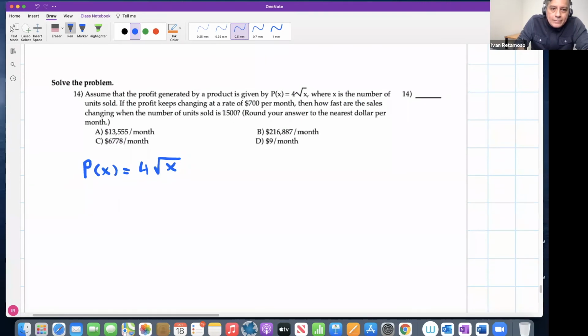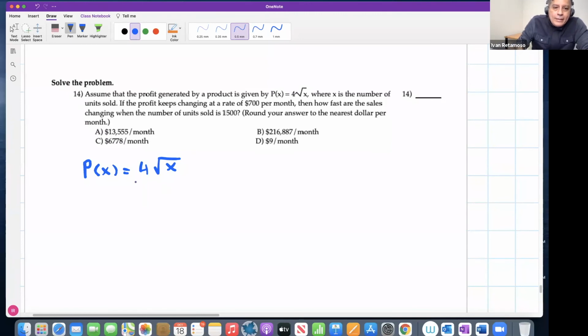The more you sell, somehow the more profit, right? If the profit keeps changing at a rate of $700 per month, here they are giving you the rate of change for the profit, then how fast are the sales changing when the number of units sold is 1,500? Round your answer to the nearest dollar per month.